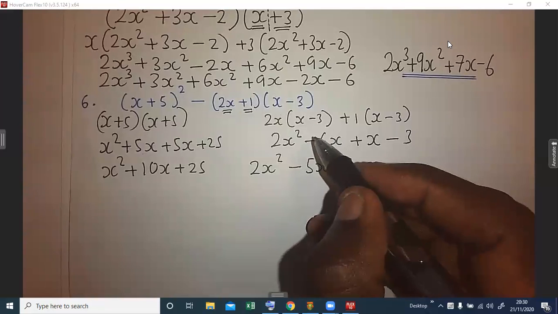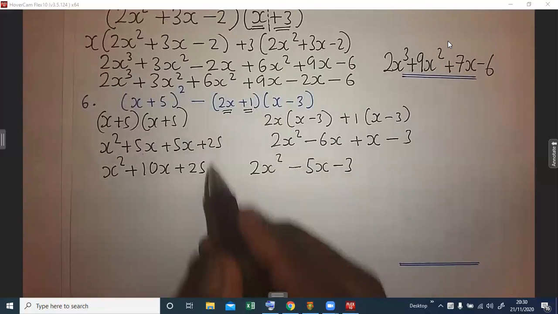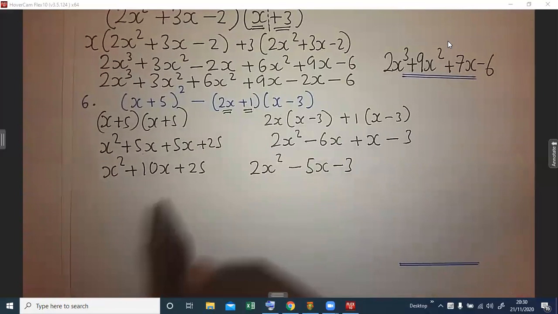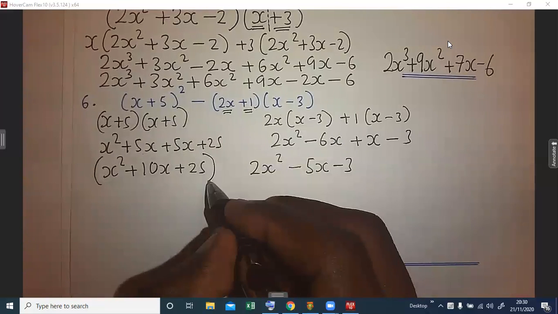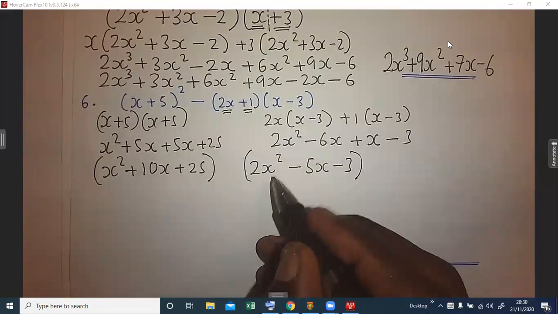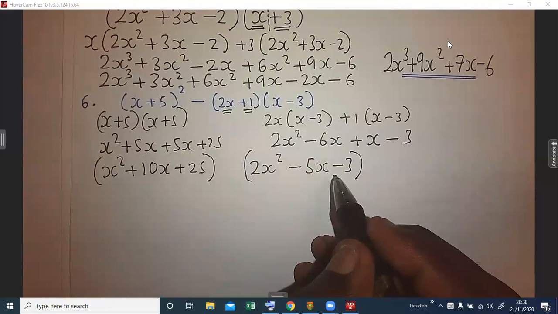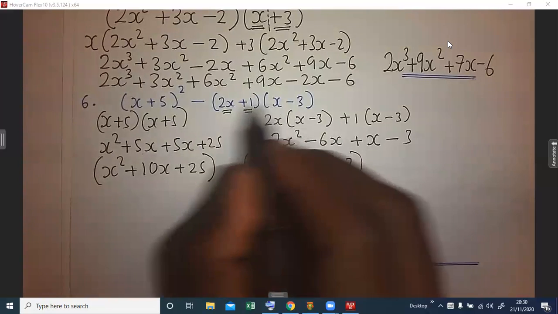But remember, I have not applied the minus. Now, because I have not applied the minus, I need to bring the minus here. But before I bring it, I have to put back the first part in one general bracket, the second part in one bracket. What do I mean? By doing this bracket, I mean that I did not directly open these two brackets.